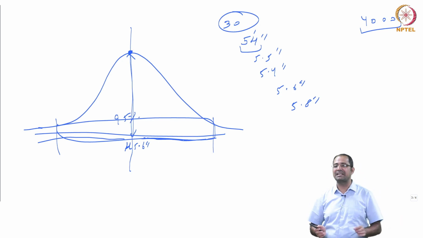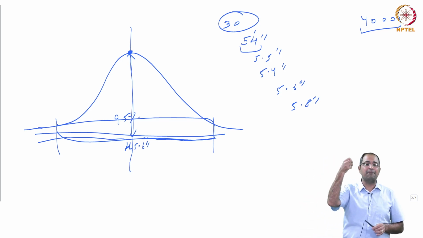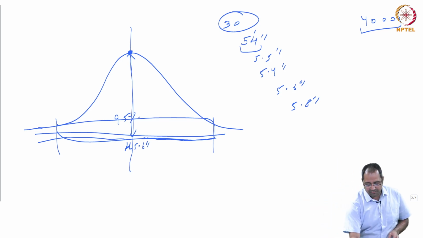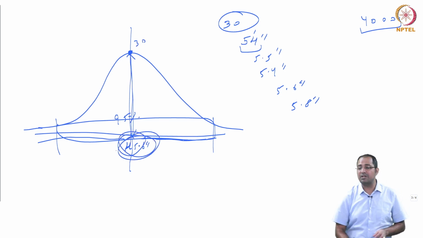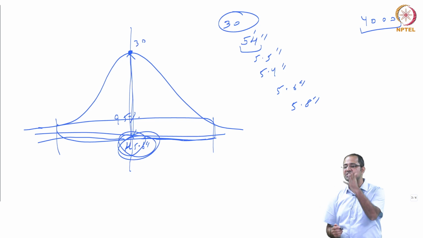This becomes the sampling distribution. I am plotting the mean of the sample drawn, and I will get a curve like this with most of the samples of size 30 with the mean same as the population mean. This is called sampling distribution.